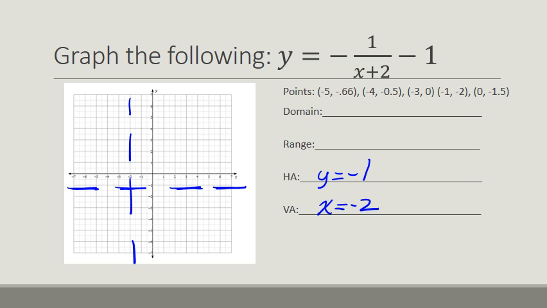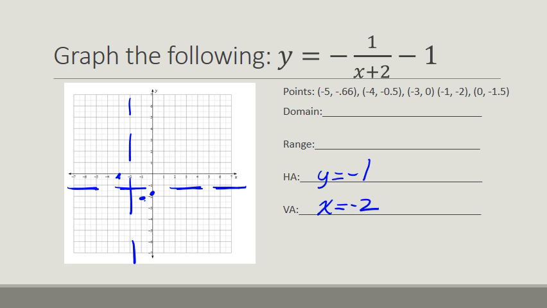I'm 1 away because of the 1, but this negative flips it over the x-axis, so instead of my graph being here and here, over the x-axis, it's going to be in these quadrants. Okay? So we had the point (-1, -2) right there. (0, -1.5) is here.